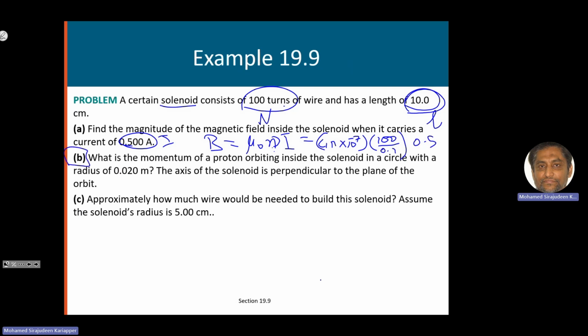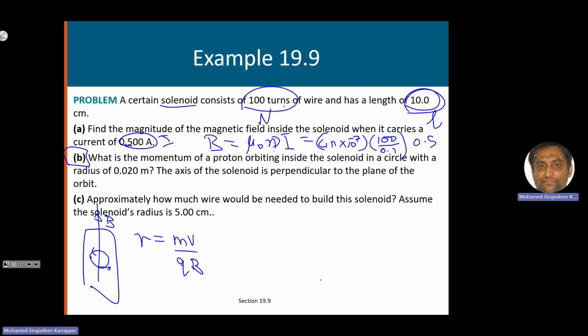What is the momentum of a proton orbiting inside the solenoid? So we have the solenoid. The magnetic field will be like this. And there's a proton, a positively charged particle, which is describing a circular path. This is a previous section topic. When we have a charged particle moving perpendicular to the magnetic field, it will describe a circle, and the radius of the circle is given by this.